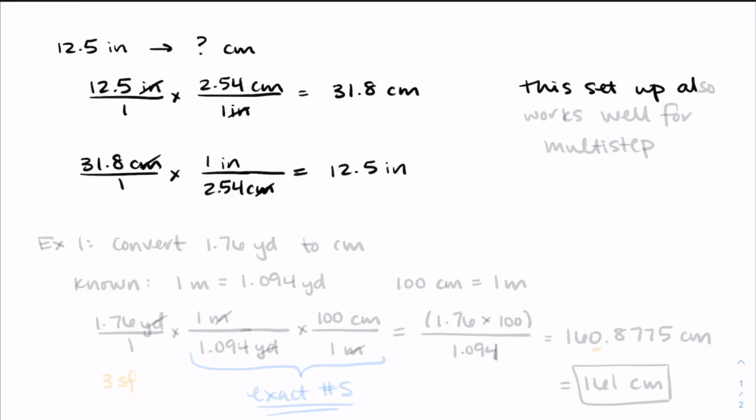Now, I mentioned that this works really well for multi-step calculations. Let's look at an example. We're going to convert 1.76 yards to centimeters. We know that 1 meter is equal to 1.094 yards, and that there are 100 centimeters in 1 meter.